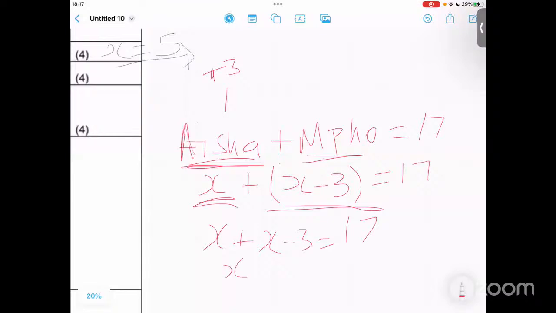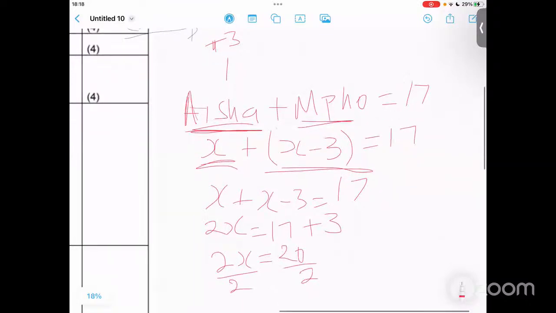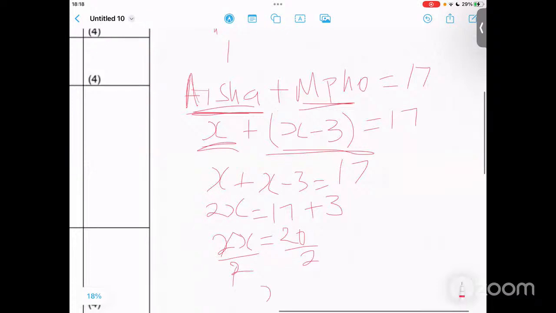Now 2x equals 17 plus 3. What is 17 plus 3? Equal to 20. We're going to divide both sides by 2 because we want to get rid of this 2. So we have x equals 10.